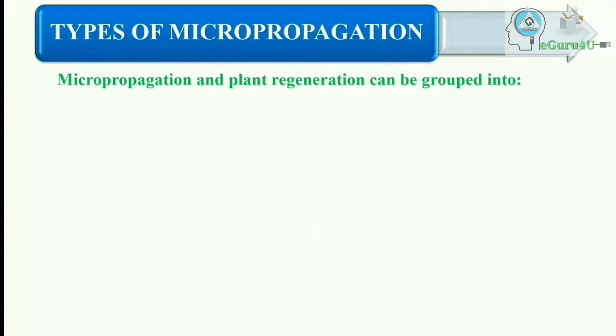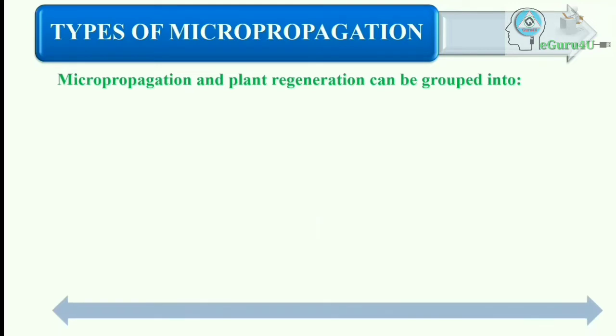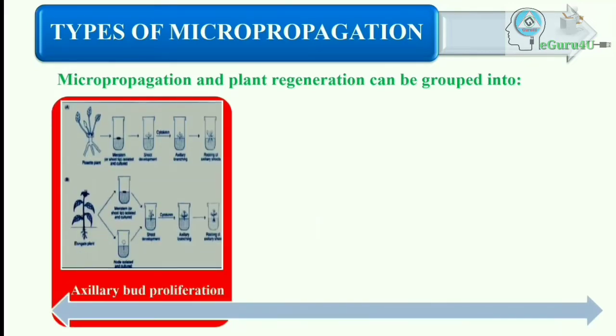Micropropagation and plant regeneration can be grouped into 1. Axillary bud proliferation, which can further be divided into meristem shoot tip culture and bud culture. In this diagram, from a rosette plant, meristem or shoot tip is isolated and cultured on artificial media, then shoot is induced.